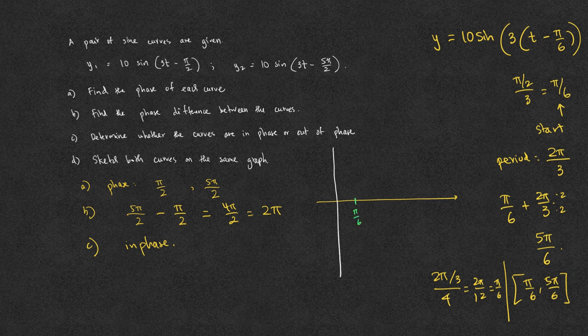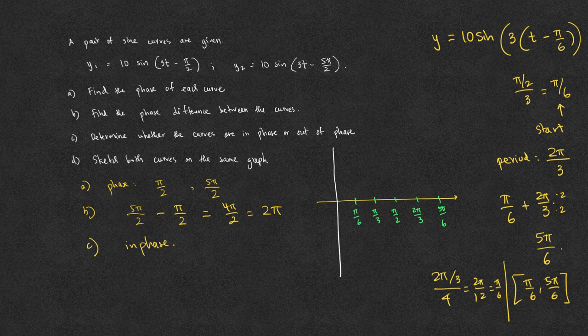The increment is another pi over 6, so it is 2 pi over 6, and then 3 pi over 6, and then 4 pi over 6, and then 5 pi over 6. From pi over 6 to 5 pi over 6, which is a distance of only 2 pi over 3, we have 1, 2, 3, 4 quarters.